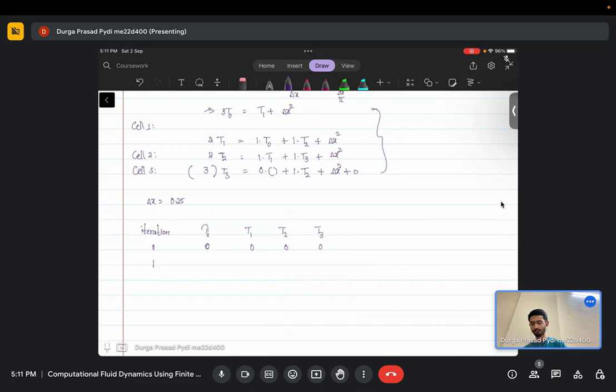T0 is given by, let me write the equations, T0 is given by T1 plus delta x, which is 0.25. T1 is, T2 is very similar to T1, and T3.